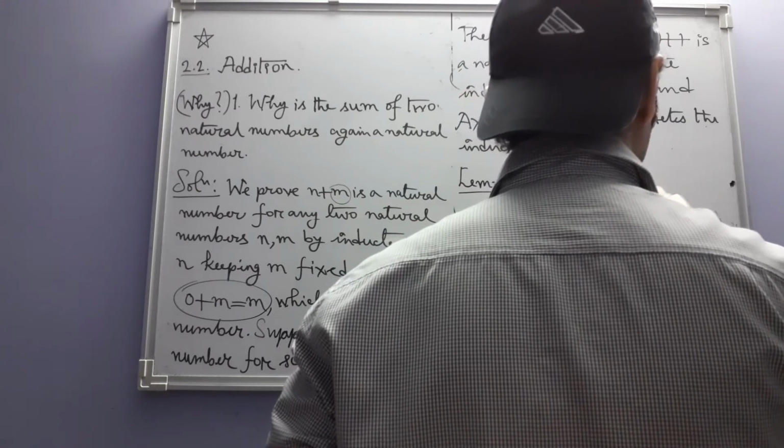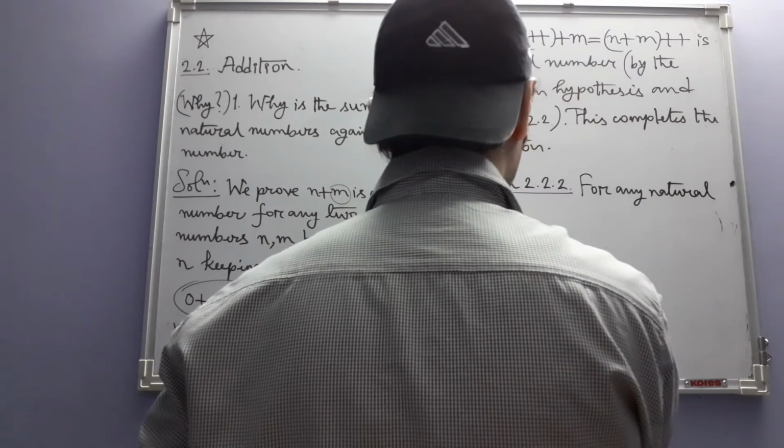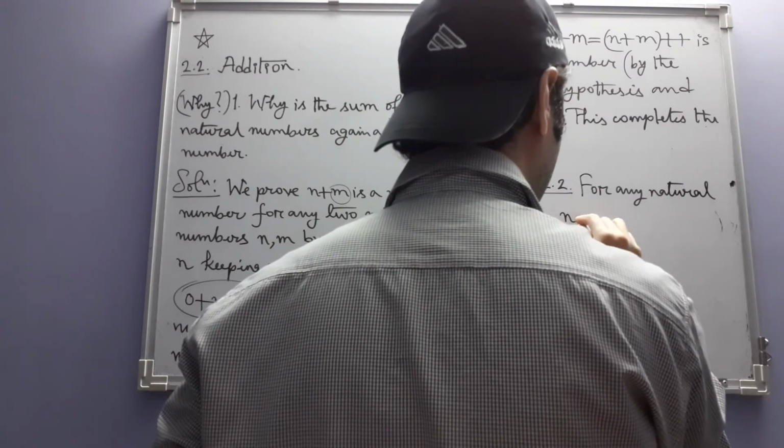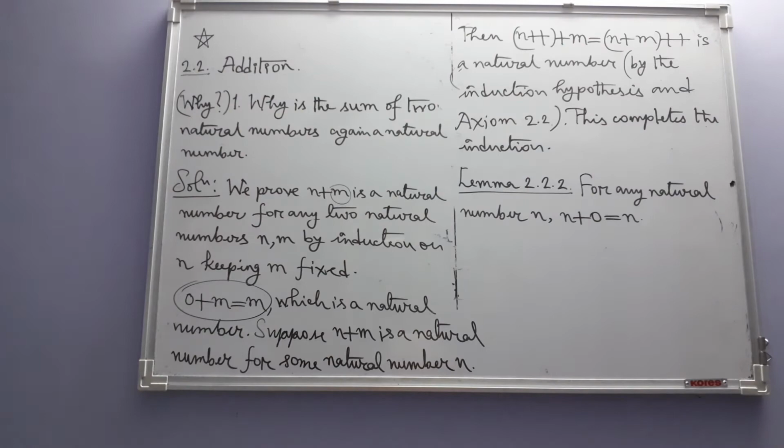For any natural number n, n plus 0 is equal to n. See, it looks obvious, but it's not obvious.